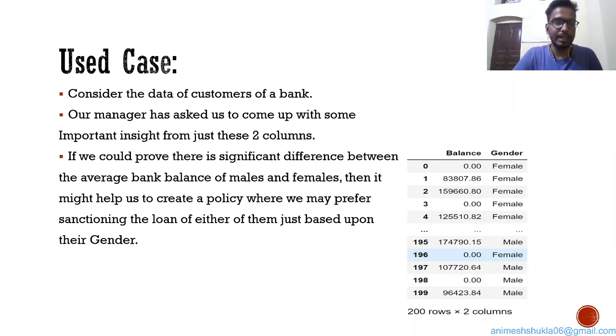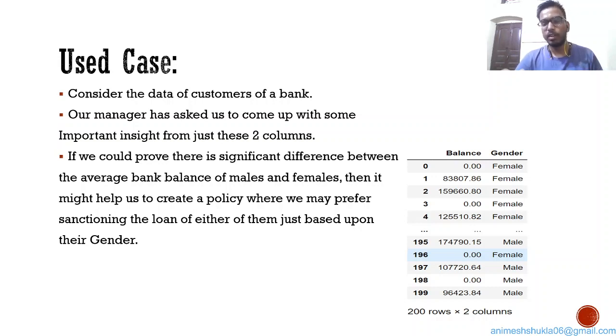Now the important insight from this data could be if we could prove that there is a significant difference between the average bank balance of males and the average bank balance of females just from this data. This may help us create a policy where we prefer sanctioning the loan of either of them based upon their gender.